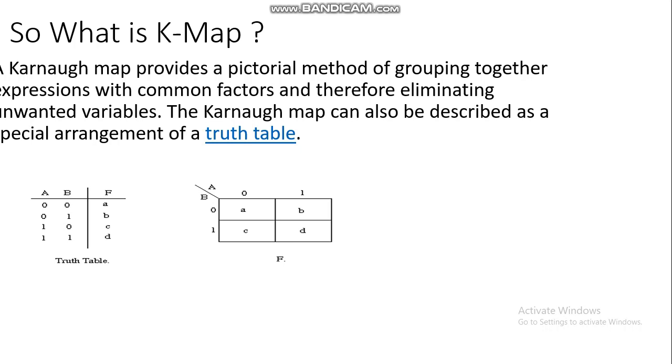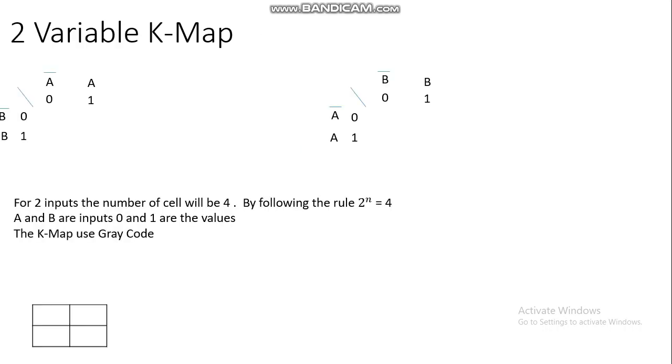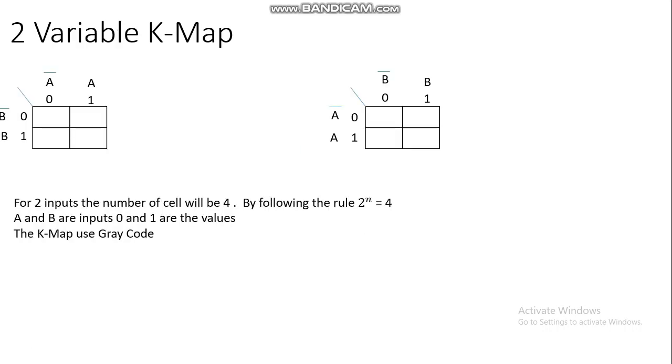Again, here I have taken an example of a two variable K-map. It is just an indication of how we create it. It's not a hard and fast rule that you have to take A towards the x-axis and B towards the y-axis. Both combinations are possible. Just remember the number of cells must be equal to 2 raised to n, where n indicates the number of inputs.